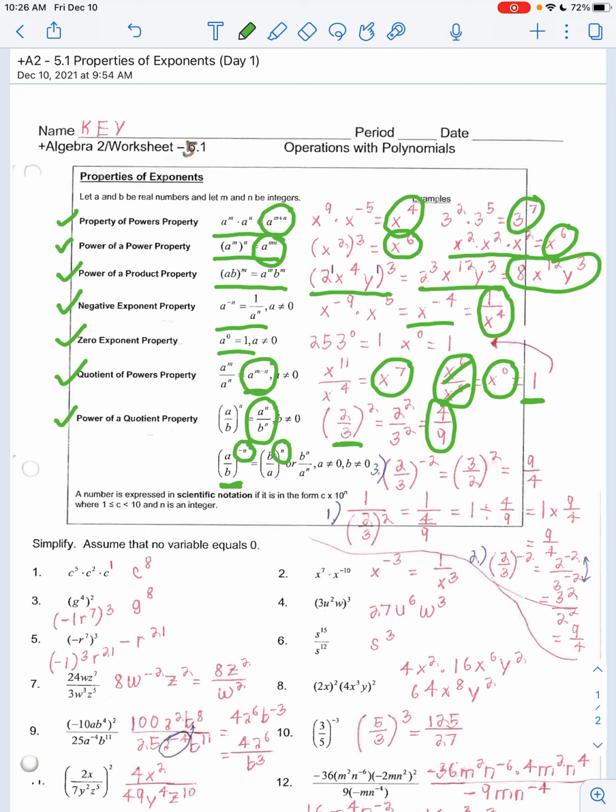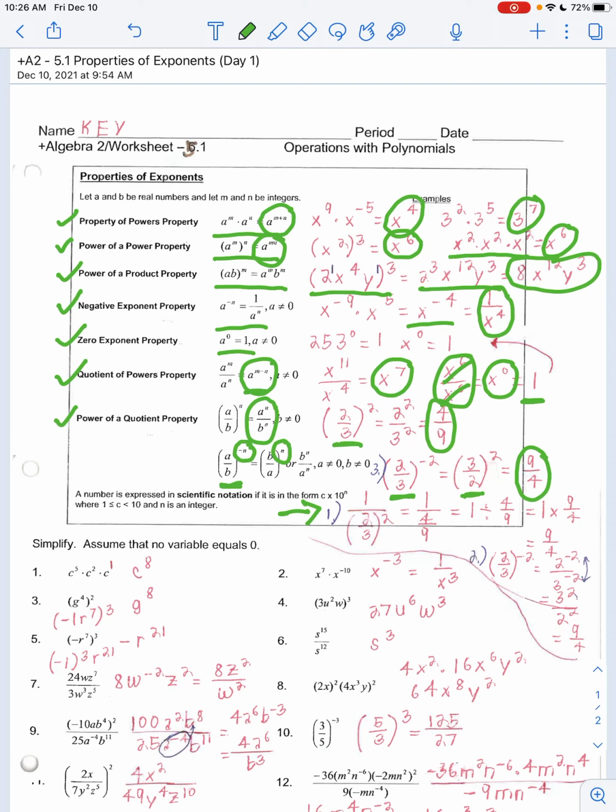So I'm showing you over here 2/3 raised to the negative second is equivalent to the reciprocal 3/2 raised to the positive second, and then you would square both the numerator and denominator, and that's how you get 9/4. I showed you here the other way of getting it, which is much more complicated.